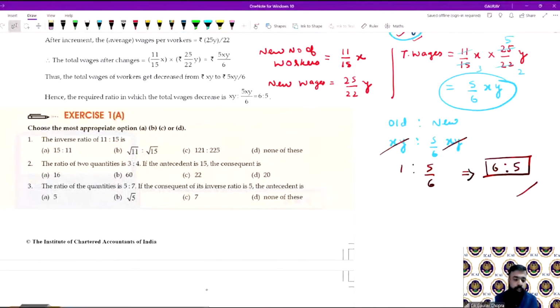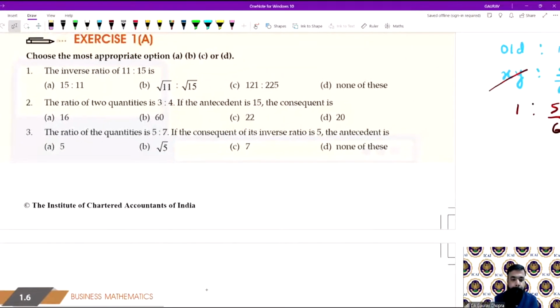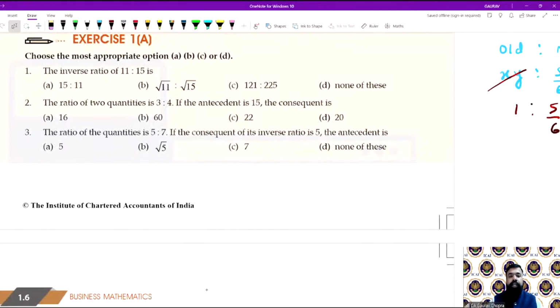So now let us solve some questions from the exercise. First, A. Exercise number 1A. You have to find the inverse ratio of 11:15. So what will be the inverse of 11:15? Just interchange the positions. So what will be the correct answer?